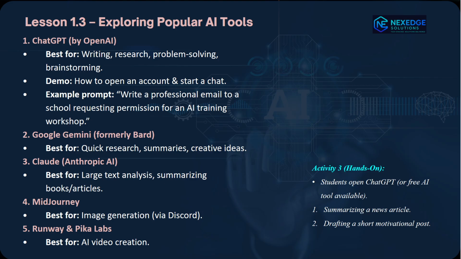Then going forward to Google Gemini. Google Gemini was formerly called Bard. It is best for quick research, summaries, creating ideas, and so on.